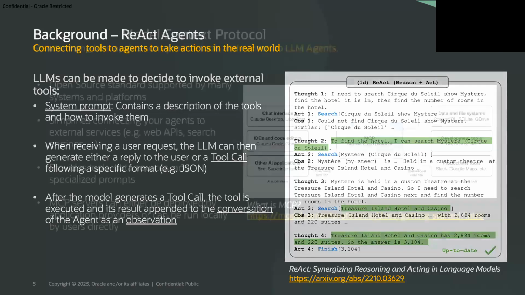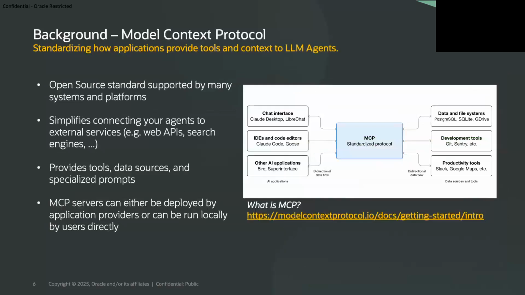And the last bit of context that I wanted to mention is the concept of a Model Context Protocol, which is an open source standard that is getting more and more popular to help connect tools to agents. So before this standard, every agent implementation would implement their own way of making tools available to an agent.